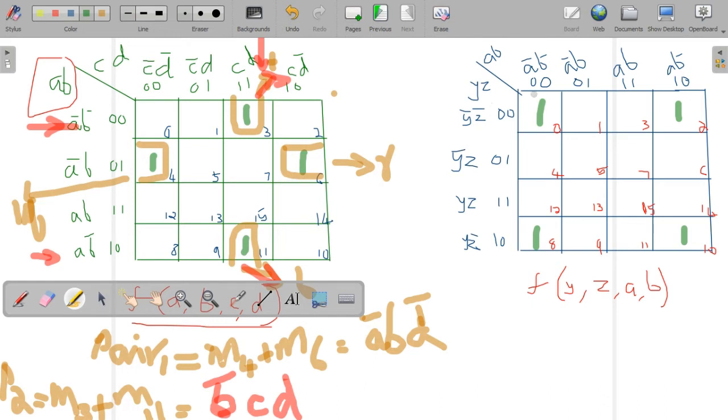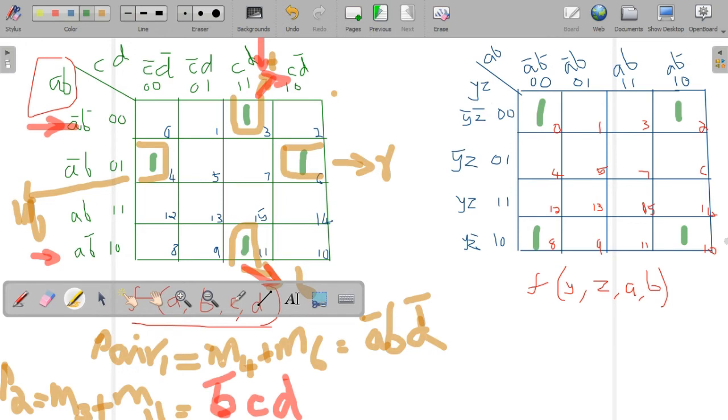Is it possible to make a pair or chord? Yeah, it is possible to make a chord because all are in the edges. Good. All are in the edges. So how we can make it: one here, these both are in the left and right edge, as well as top and bottom, that is four values. So we can make it as a chord.